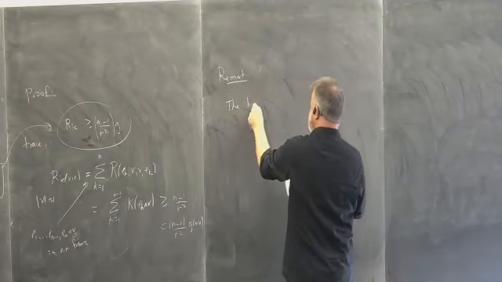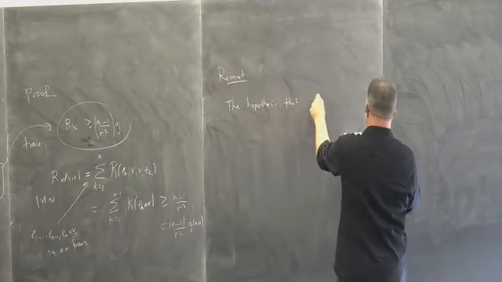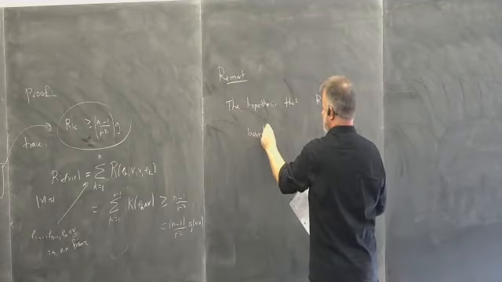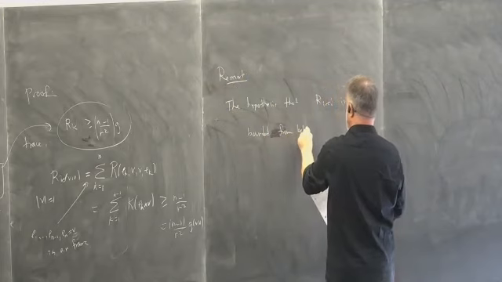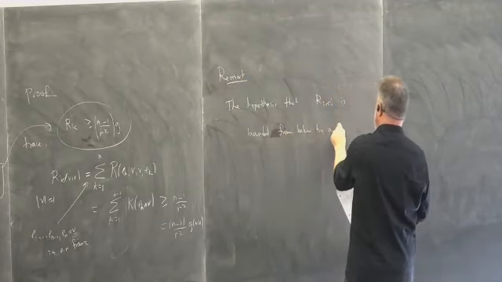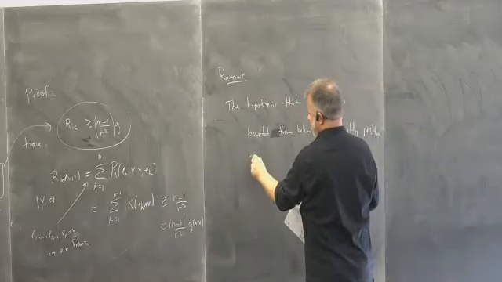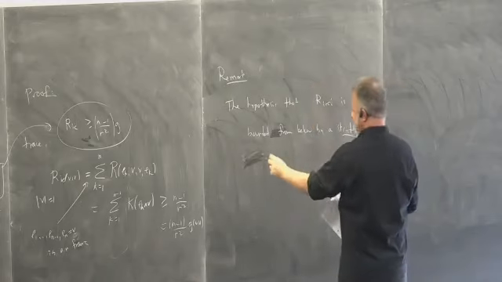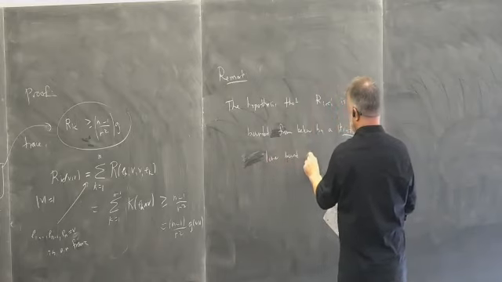So the hypothesis that Ricci is bounded from below by a strictly positive multiple of G, well, by a strictly positive lower bound, cannot be weakened.